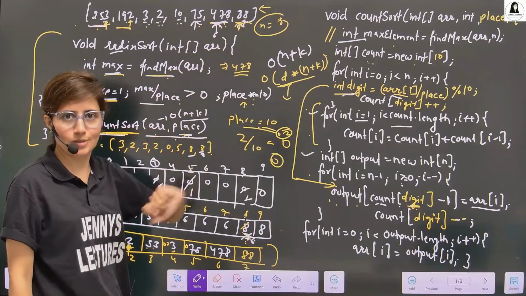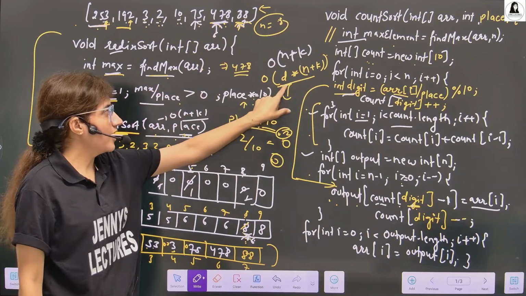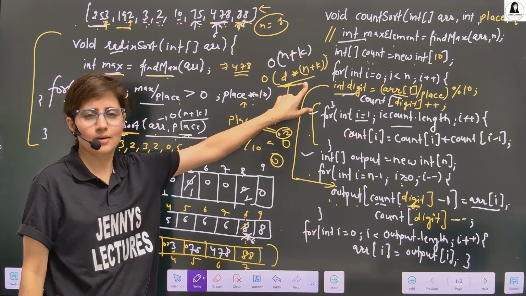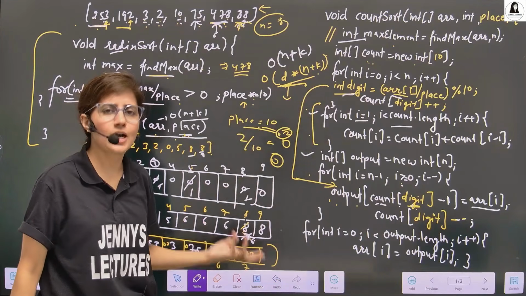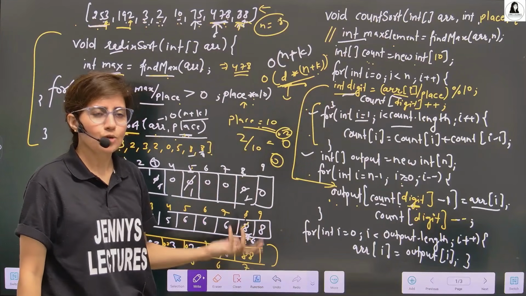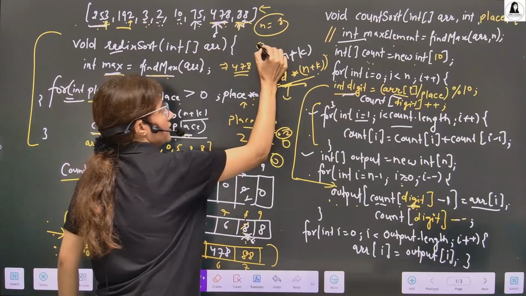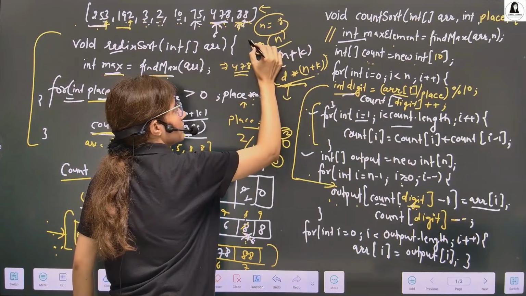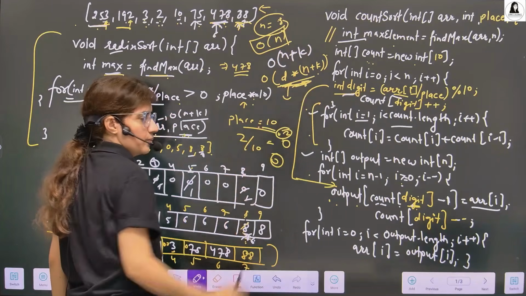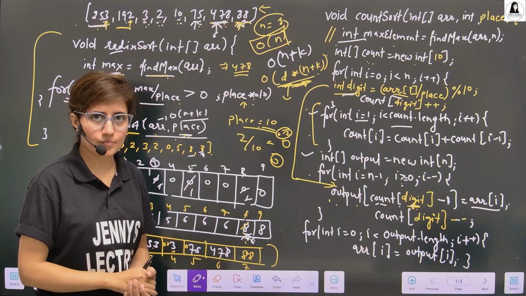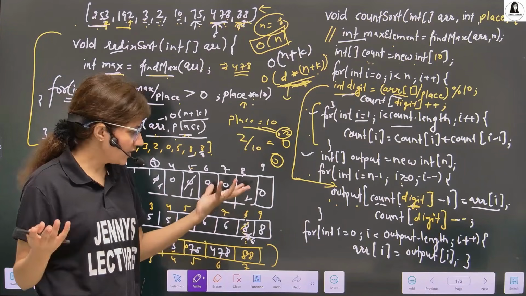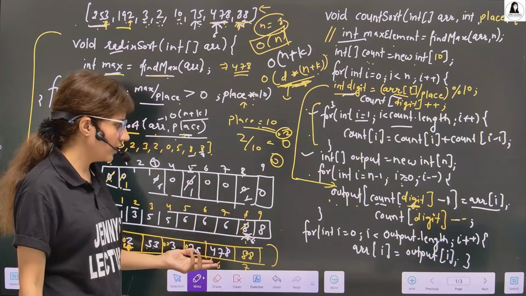Here it's 3, so d is 3. That's the actual time complexity. But if d is small and k is fixed, in this case 10, the count array size, we can write it as linear time complexity, order of n. But actually, d into n plus k is the actual time complexity for radix sort; we take it as linear. Space complexity: what extra things are we taking? Count array and output array.